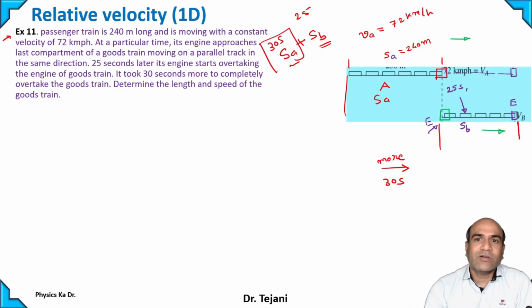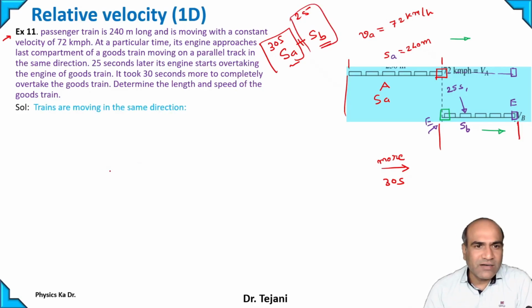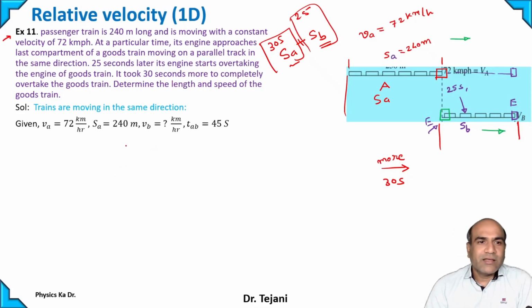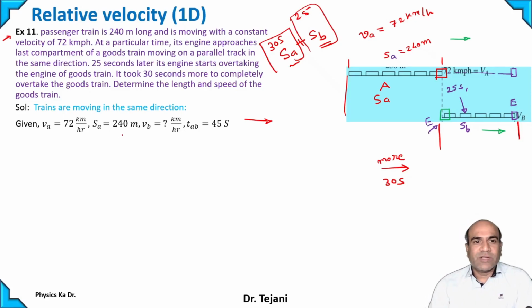So it is a very tricky question. Let's start. So what is here? Trains are moving in the same direction, and the velocity of the first train is given as 72. Both are in a similar direction. The length of train A is 240 meter.